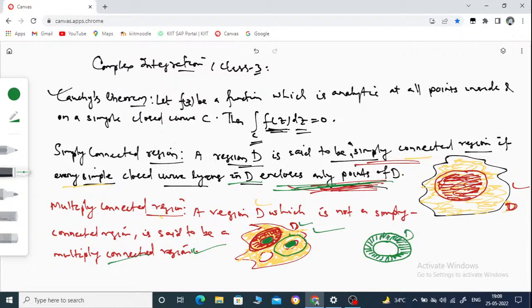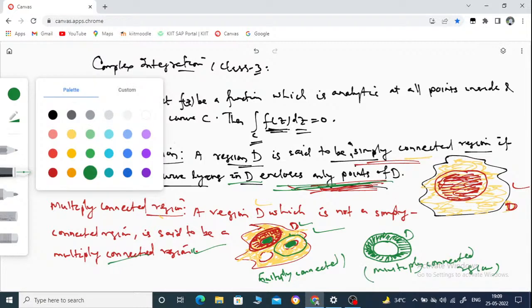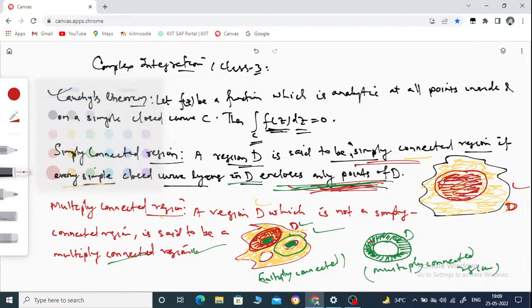So if I take a region which includes only these points, this is also a multiply connected region, and this is also a multiply connected region. Because if you take a closed curve like this, this includes these points, it's okay.